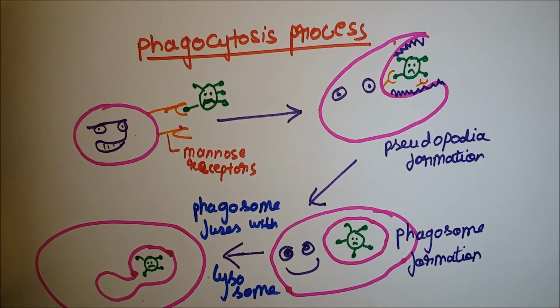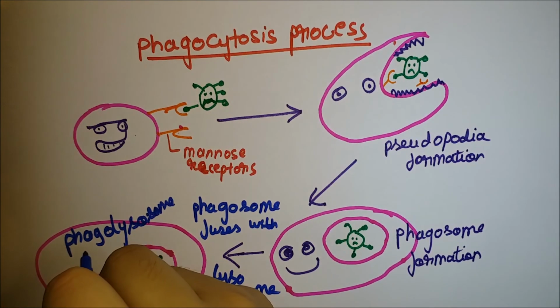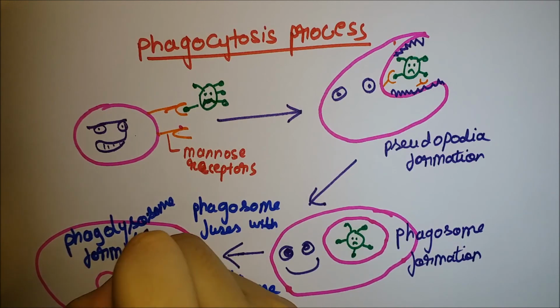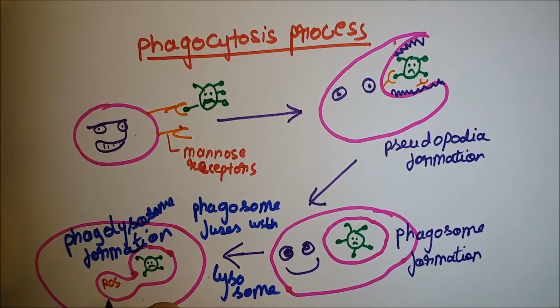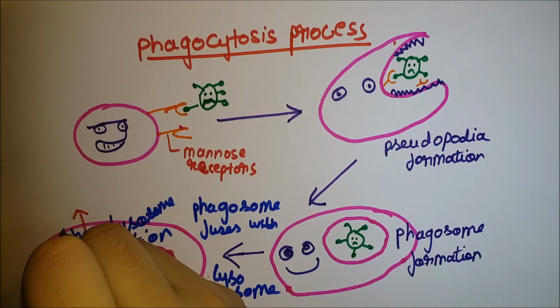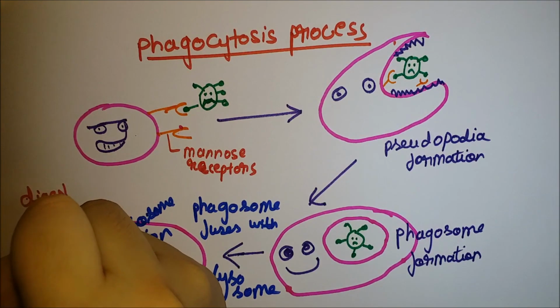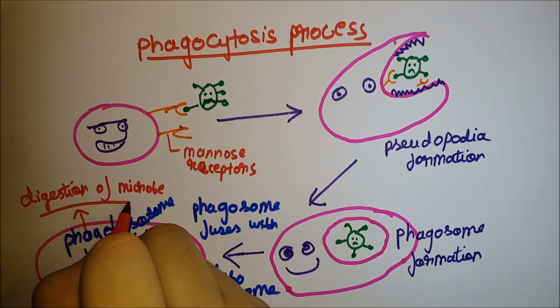So this phagosome fuses with the lysosome to form the phagolysosome, and this will cause digestion of the microorganism with the help of reactive oxygen species and nitric oxide. So that was the process of phagocytosis.